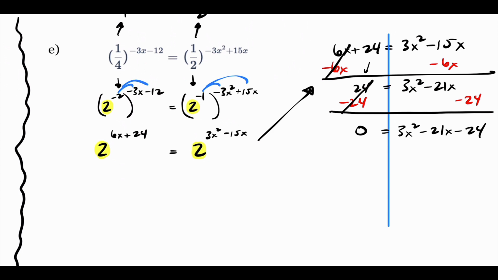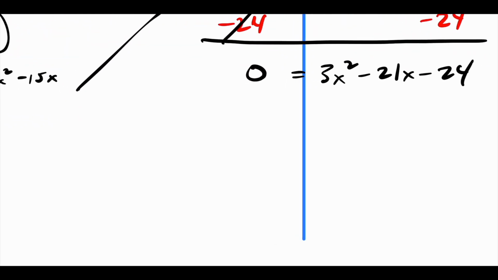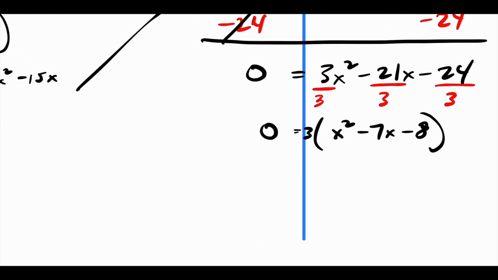Okay, trinomial. A is 3, B is negative 21, C is negative 24. So it says set equal to 0. Okay. Does it have a GCF? Is there a GCF between all three of these guys? Yeah, I can divide them all by 3. So we get x squared minus 7x minus 8.